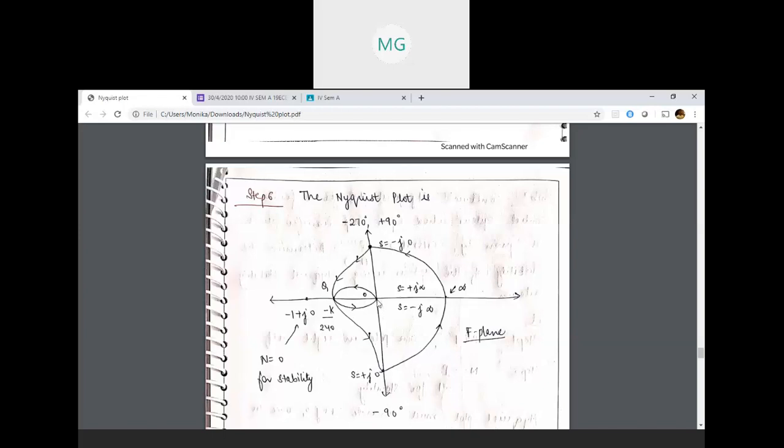The starting point is the origin at s equals plus j infinity. It takes an anti-clockwise rotation of 90 degree and then one more 90 degree, that is 180 degree, and terminates at s equals plus j0. Clear? The direction of arrows also you have to plot. Just let me know, is that clear, everyone?